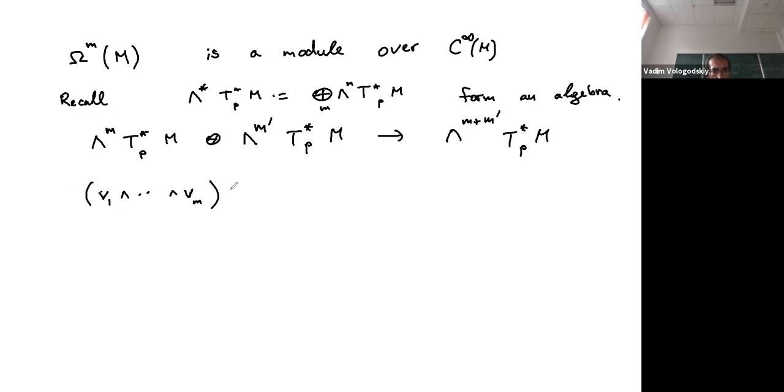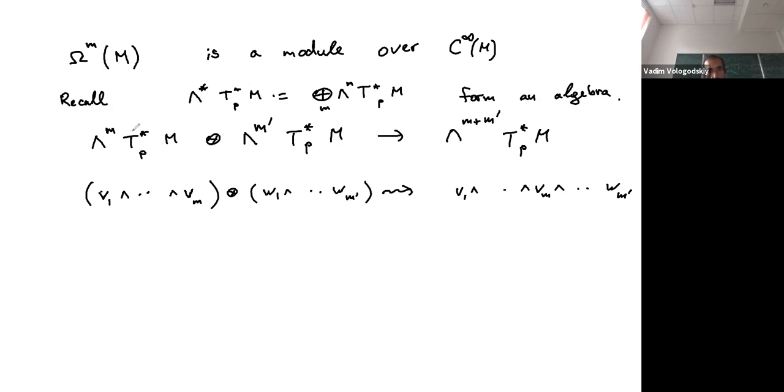And if you want to multiply it by W1 through Wm prime, the result is going to be just the product V1 through Vm wedge W1 through Wm prime, right? So this defines an associative product on this vector space.